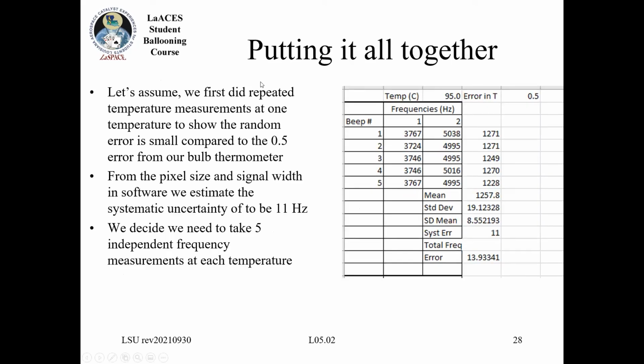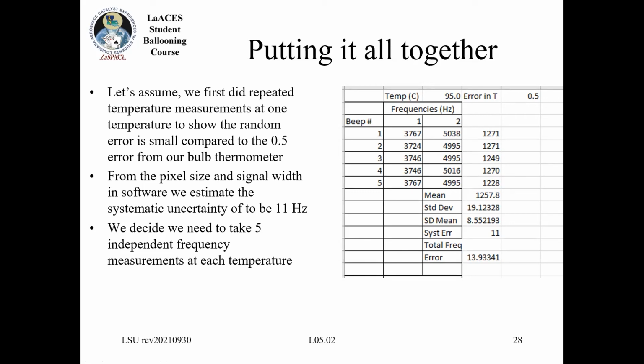Now I just want to step through an example of how you would apply this. First, let's assume that I did a bunch of temperature measurements using a bulb thermometer, where the random error in the temperature is small.